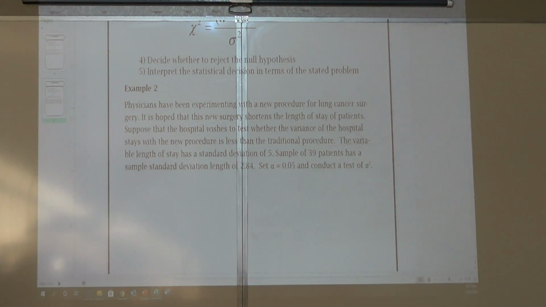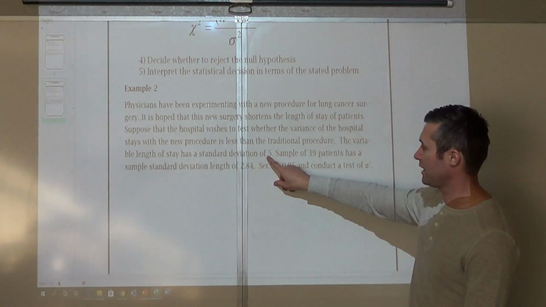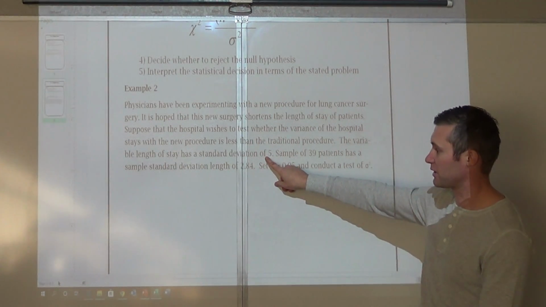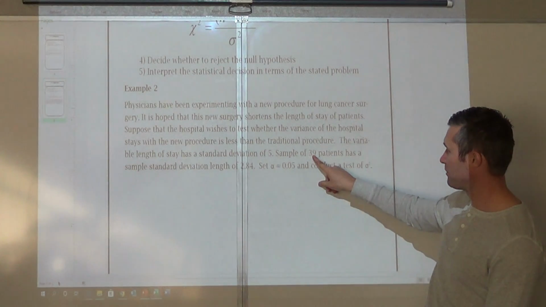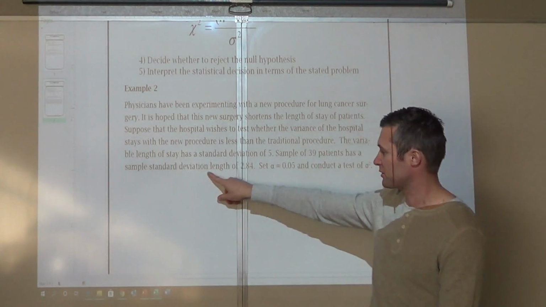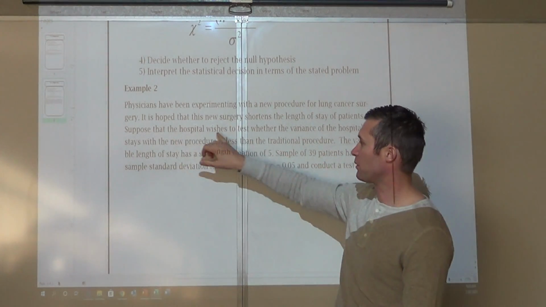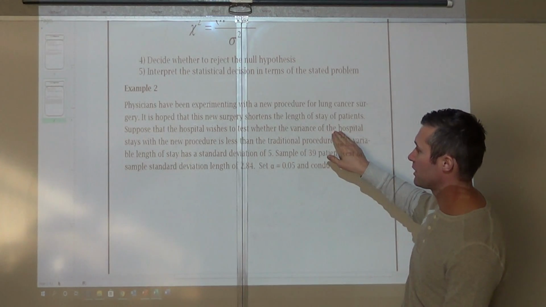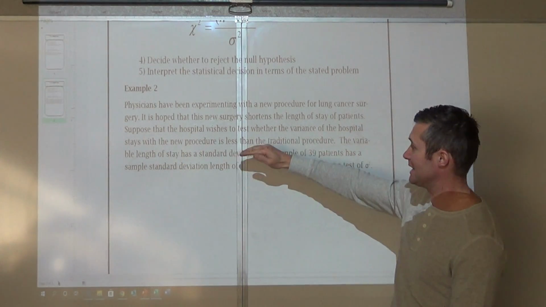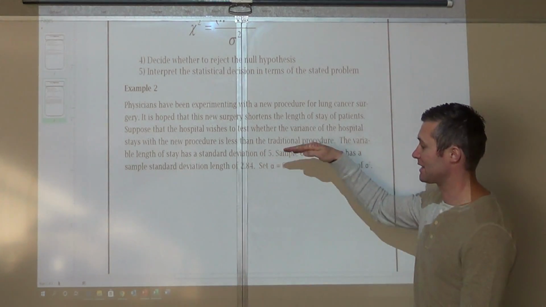The hospital's length of stay has a standard deviation of 5, so that's our population. The sample of 39 patients has a sample standard deviation, so here's our sample. Suppose the hospital wishes to test whether the variance of the hospital stays with the new procedure is less than the traditional one. So we want to test, is it less than?